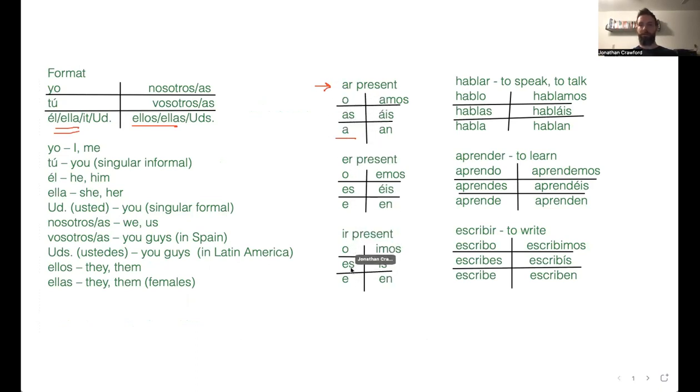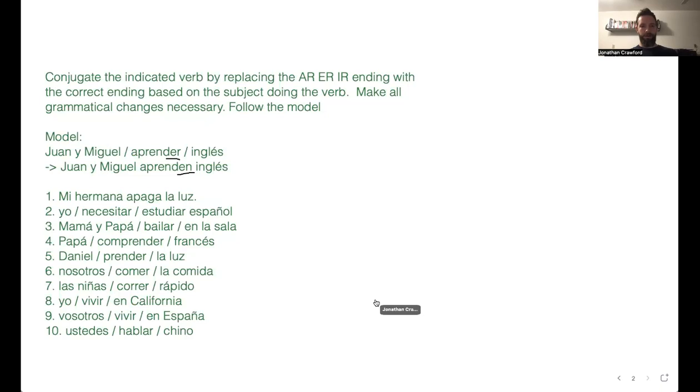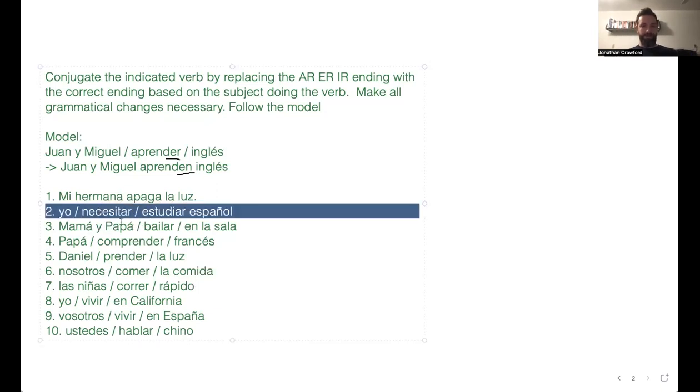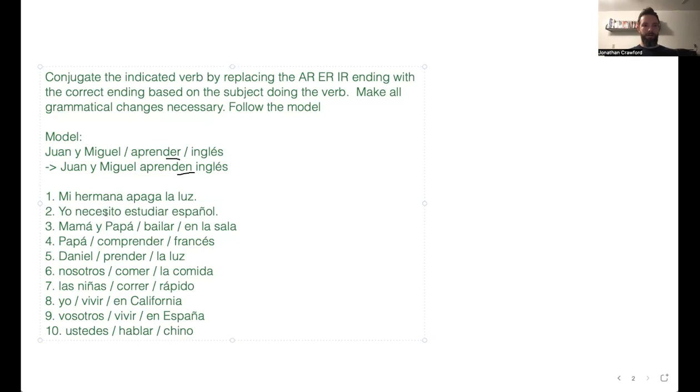So there's some overlap in the verb endings. That one's an easy one to remember. So we go over here and we put an O on the ending of necesitar. Yo necesito. Get rid of the AR and replace it with an O.